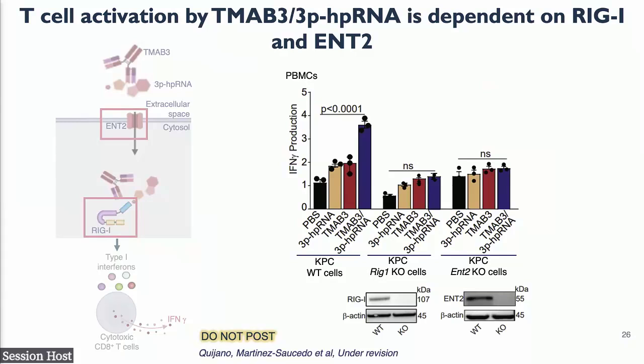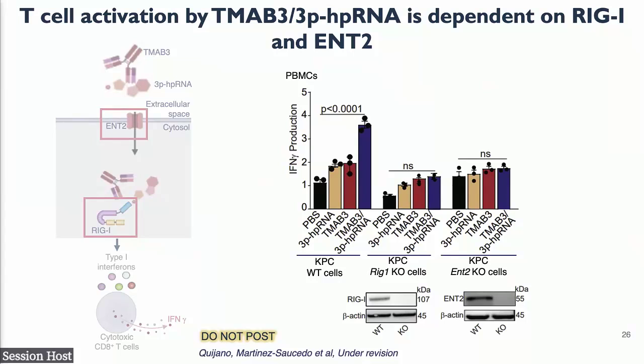So after the treatment, we co-cultured them with PBMCs and then measured interferon gamma production. And you can see how this production was just occurring in the cells that were treated with the TMAB and the short hairpin.